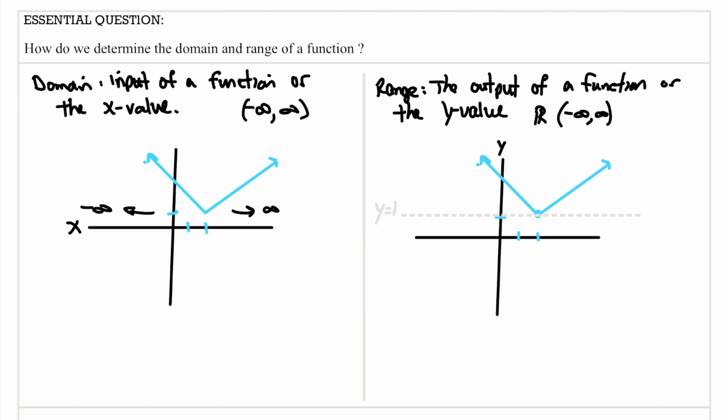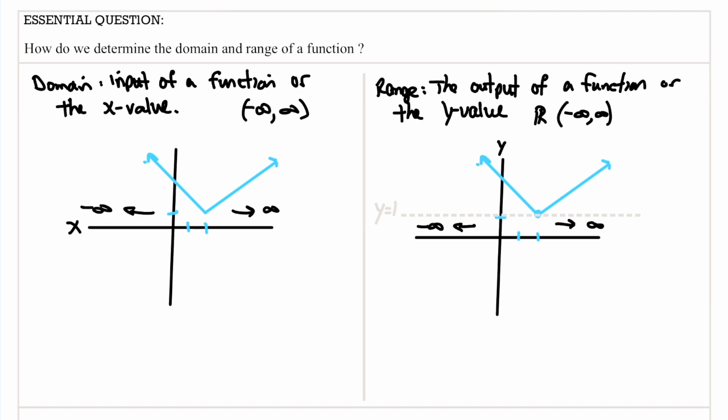So no matter what we plug in for x, we can plug in numbers to negative infinity. We're going to get points above that line. If we plug in points towards positive infinity, so points on the x-axis greater than 0, we're going to get points forever, but they're still all going to be above that line y equals 1.